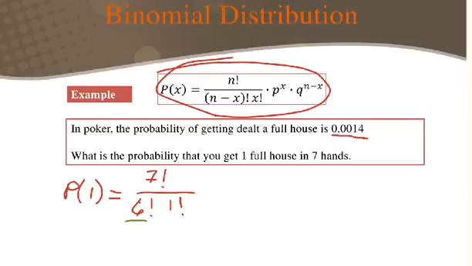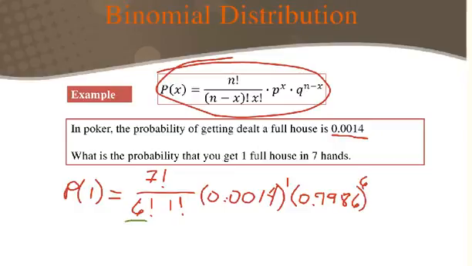Now we multiply this times the probability of a success, which in this case is 0.0014, and we take that to the x power, or the number of successes. So here we're talking about 1 success, times the probability of a failure, which is 1 minus 0.0014, or 0.9986, to the 7 minus 1 power, or 6.